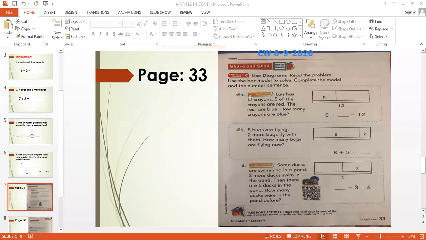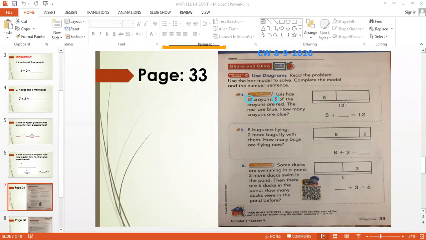Now circle the numbers first, 12 and 5. So look here, 12 is in the place of sum. So 12 is the sum. So what do you have to draw here? So you will draw the 12 circles here.